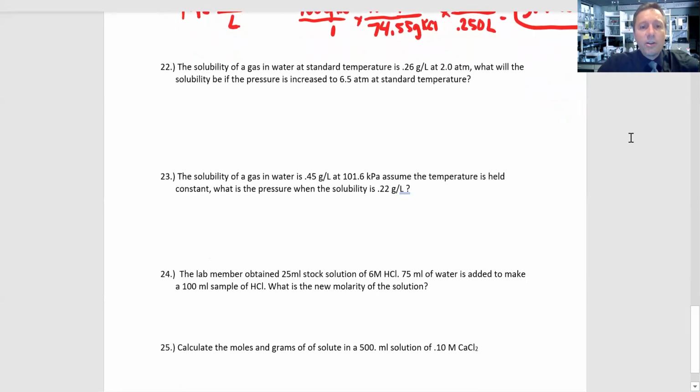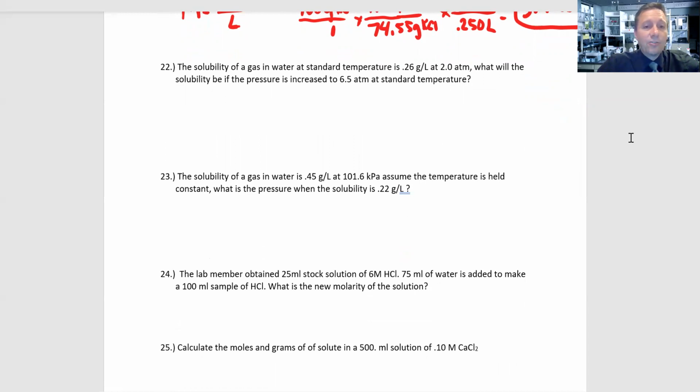Number 22, the solubility of a gas in water at standard temperature is 0.26 grams per liter at 2 atmospheres. What will the solubility be if the pressure is increased to 6 atmospheres at standard temperature? So standard temperature for a gas is 0 degrees Celsius.